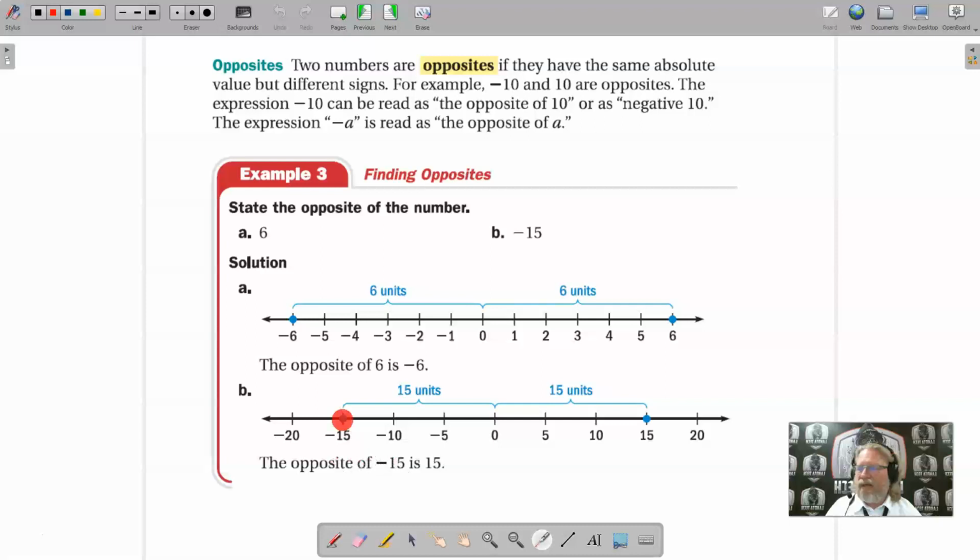Negative 15 is here, 15 units to 0. If we keep going 15 units to get the other number that's 15 units from 0, we would get positive 15. So the opposite of negative 15 is positive 15. Opposites are like the same number, only one's negative and the other one's positive. That's the idea of opposites.